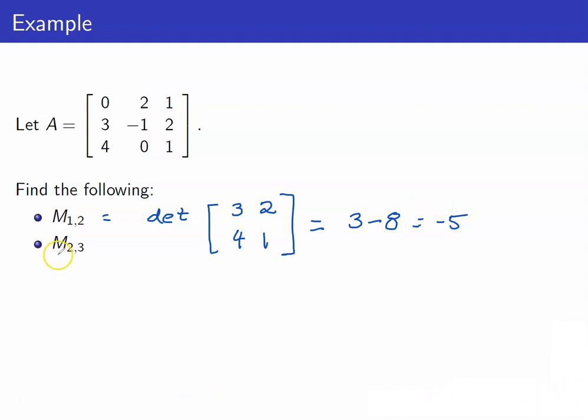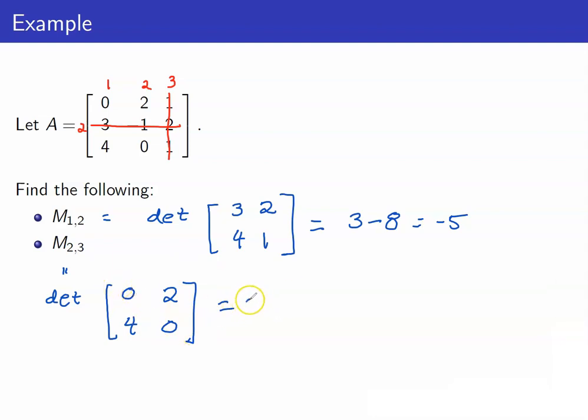Next, let's compute M23. We remove the second row and the third column. This is equal to the determinant of the resulting 2 by 2 matrix, which is 0, 2, 4, 0. So this determinant is equal to 0 minus 4 times 2, which is 8. So that is equal to negative 8.